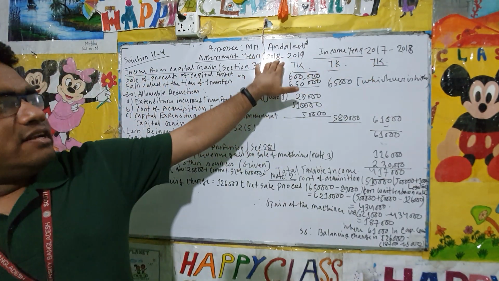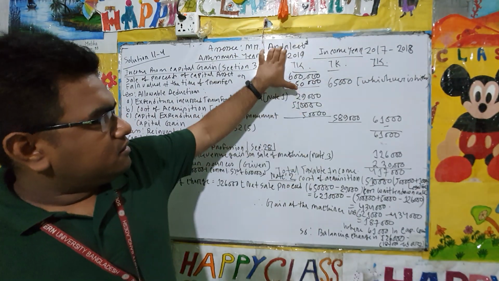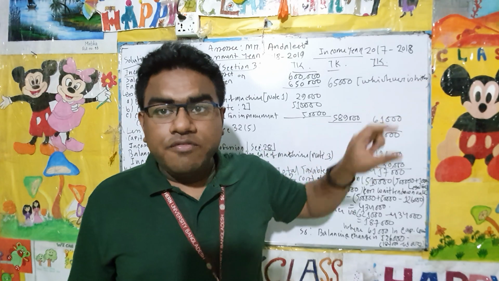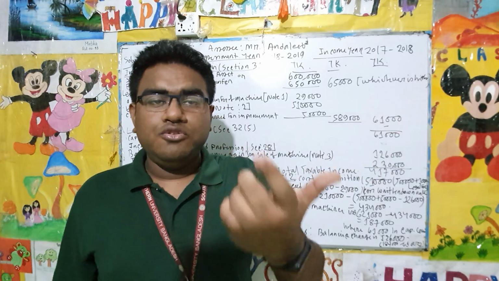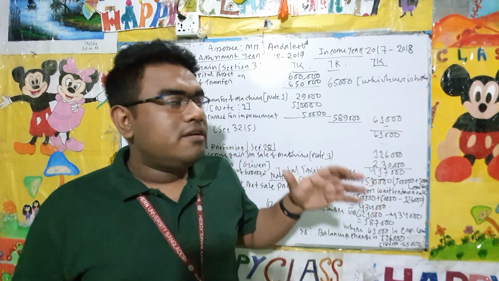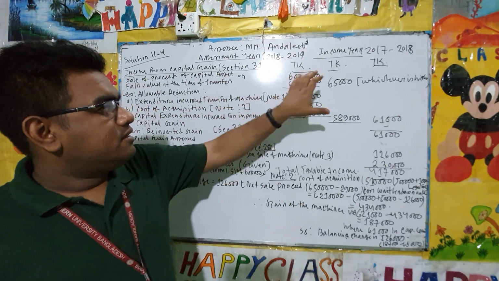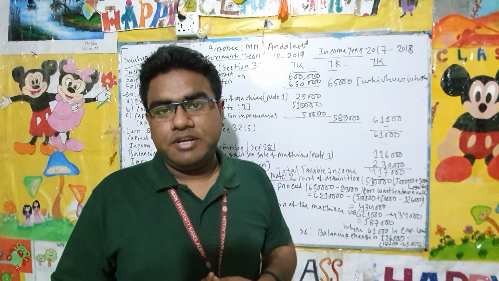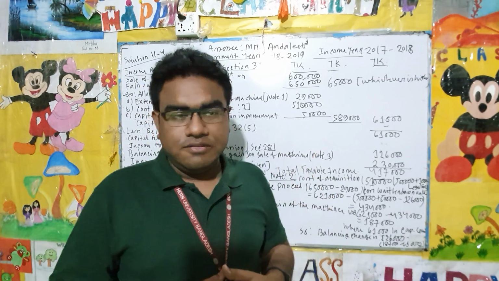You can see that here I have created 3 columns of Taka. At the end of the math, you will get the answer. Why have I created 3 different columns of Taka, calculating the tax?